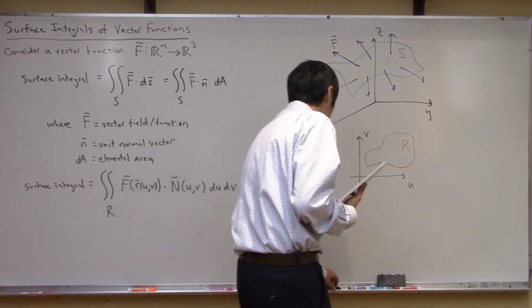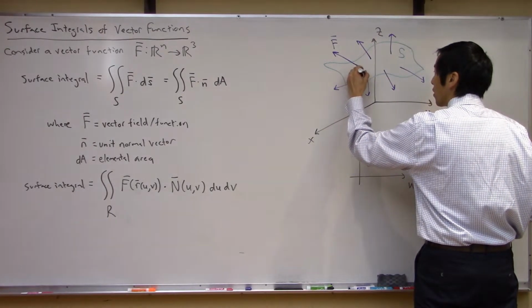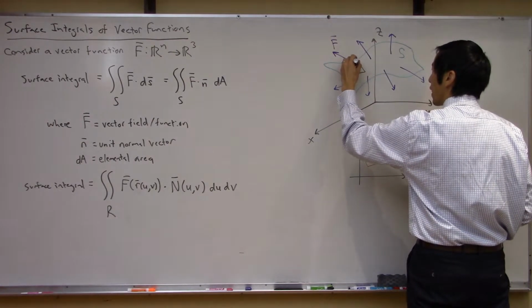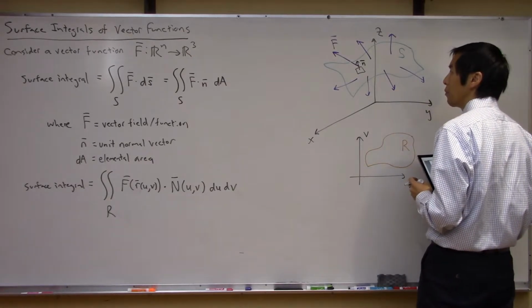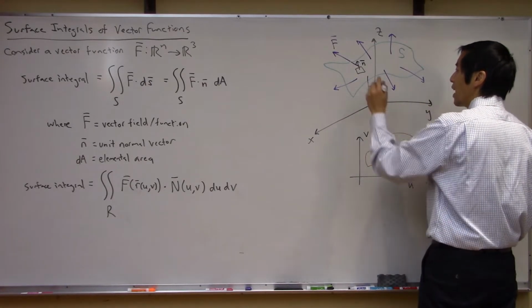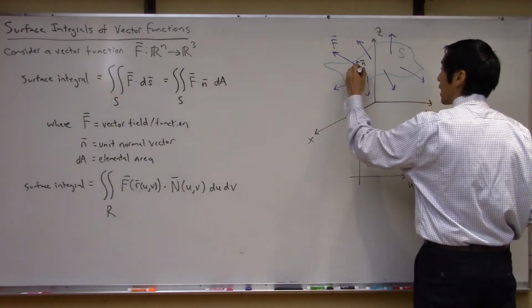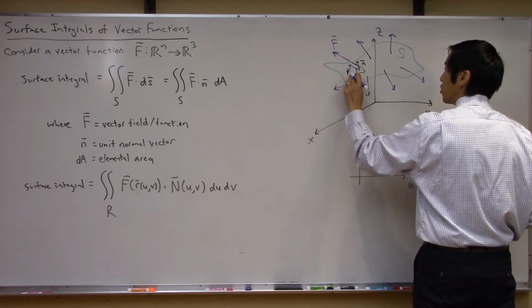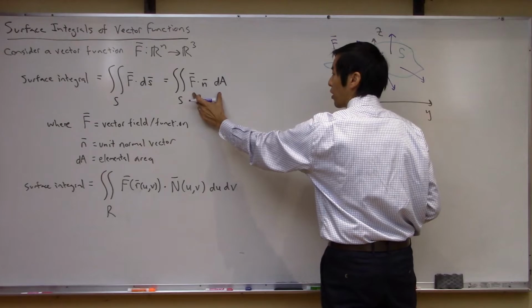You can think about a small little chunk, and this thing has some kind of normal vector, which, let's make it a unit vector for now, little n bar. Now we dot product the flow that is going through this spot: here's f, dotted with the normal vector and then multiplied by the area, which is what we've written over here.